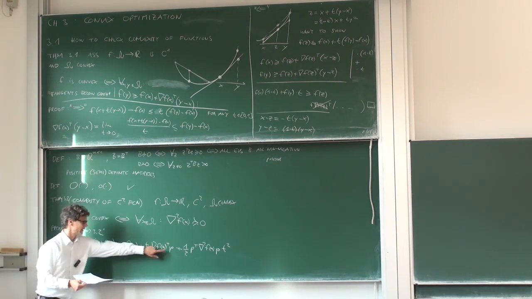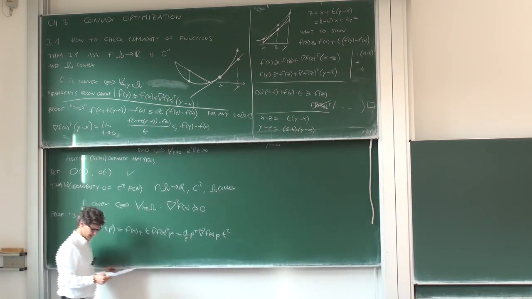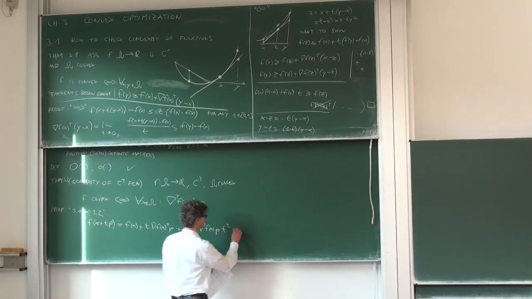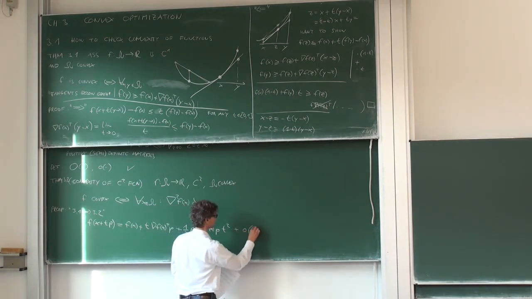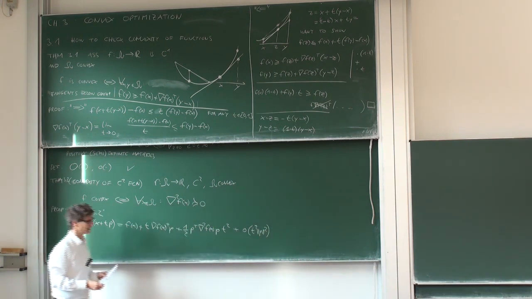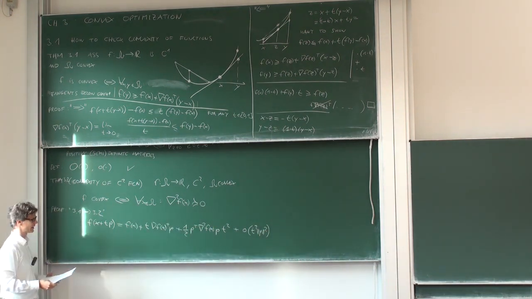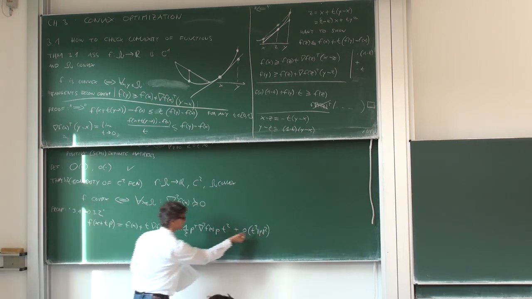The t must be squared, like the p. And the last term is the error term, which is a little o, so it will shrink faster than t squared in particular.